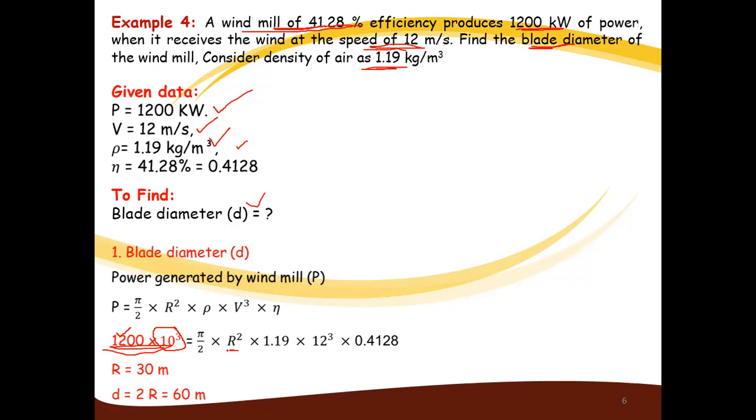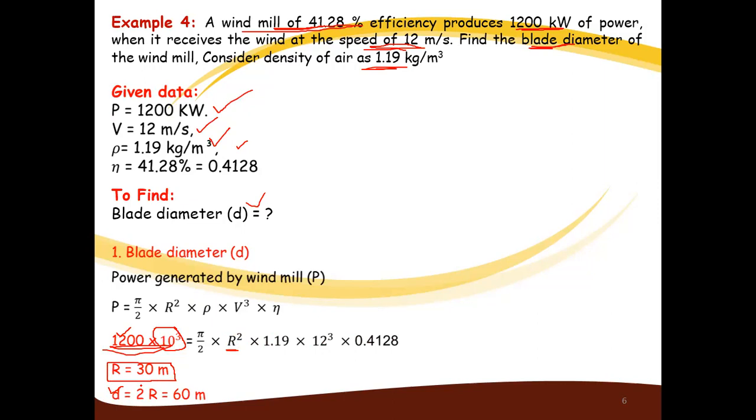First we will find out radius, then the diameter. Into 1.19 into 12 cube into 0.4128. After calculation and square root we get the value of R equal to 30 meter. So diameter is nothing but 2 into radius, so it is 30 into 2, that is 60 meter.